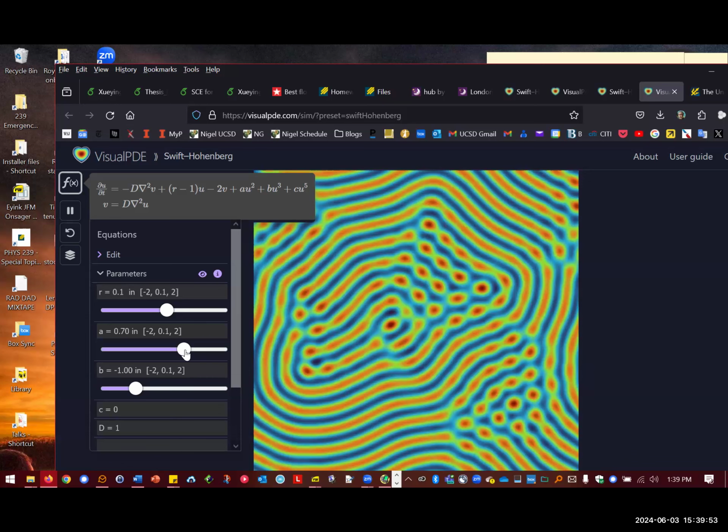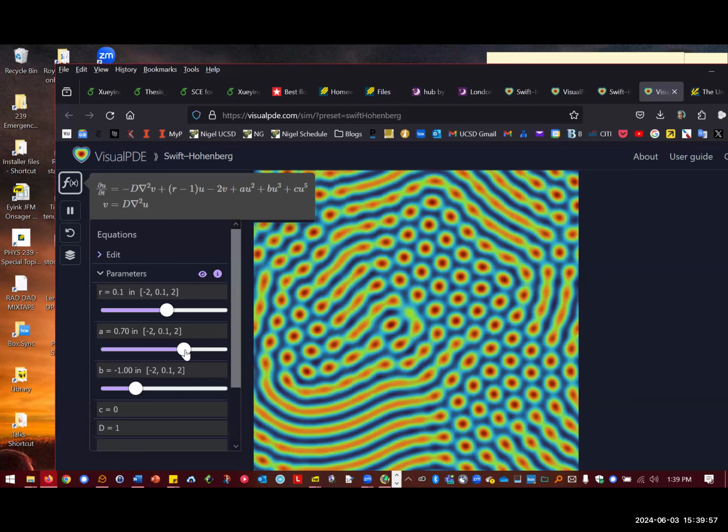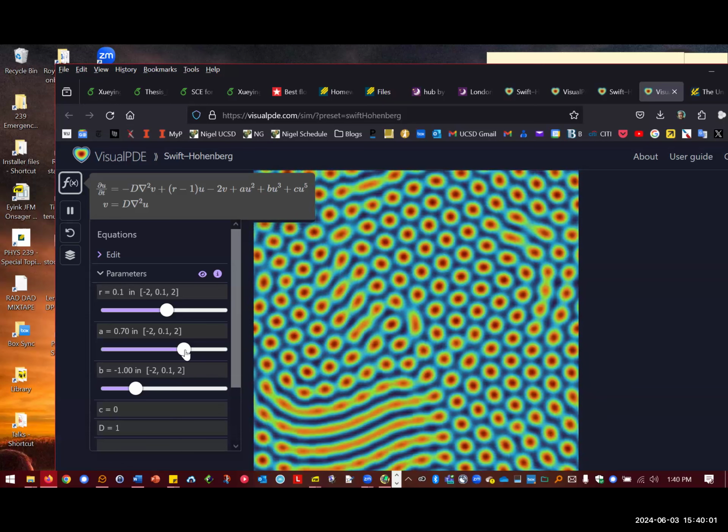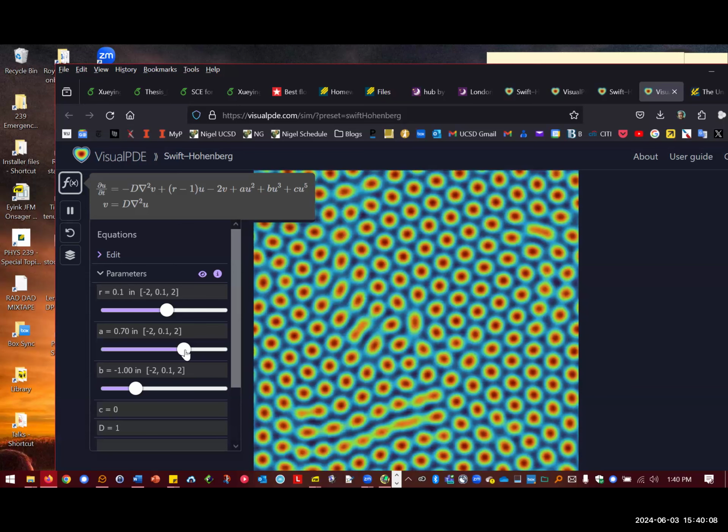So let's put it up like that. It's still evolving, but now look what happened. It now forms spots, and you'll see that they're going to form hexagons. I presume they're hexagons. Yep, forming hexagons as opposed to the rolls. So the patterns you get depend on the symmetry of these equations.